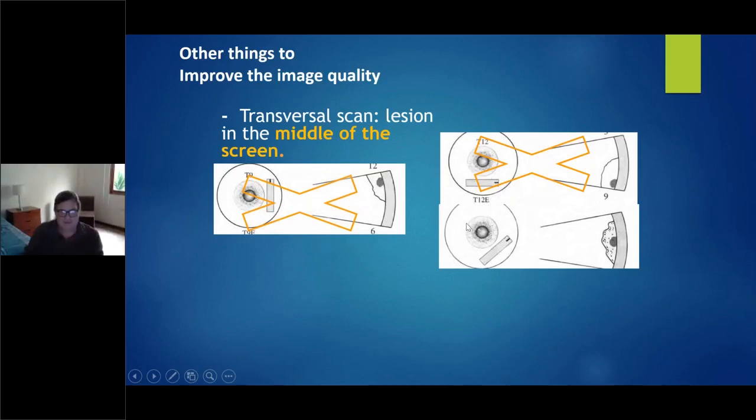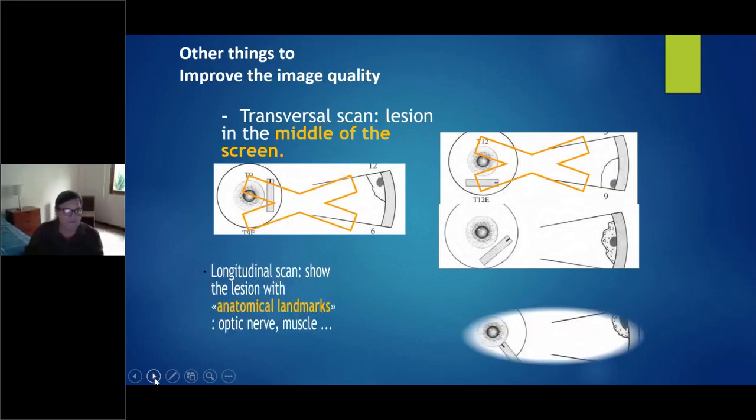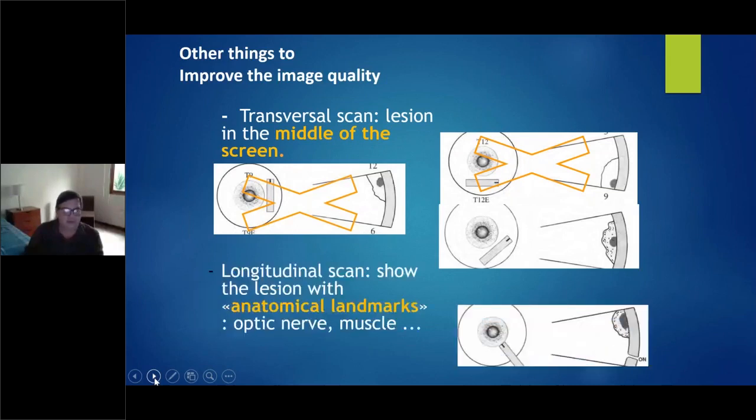Then it should be just in the middle. The lesion at 10:30 should be located there, and you'll be sure because you see the margins of the lesion up and down on the screen. And when longitudinal, you always have the optic nerve and muscles.